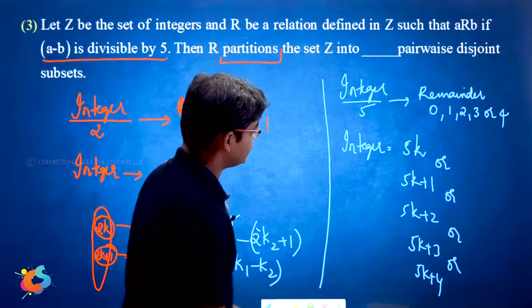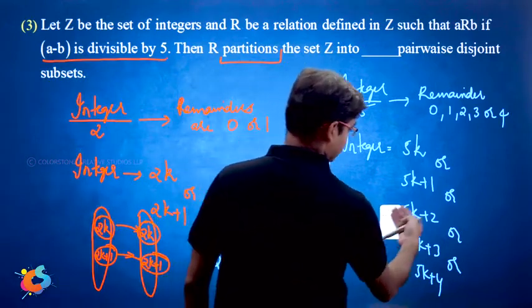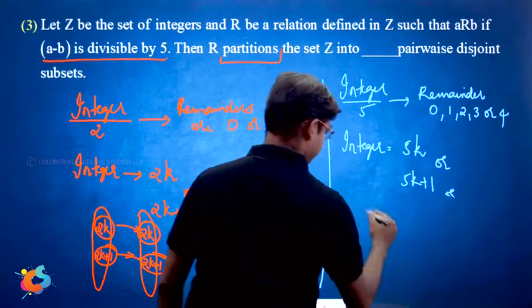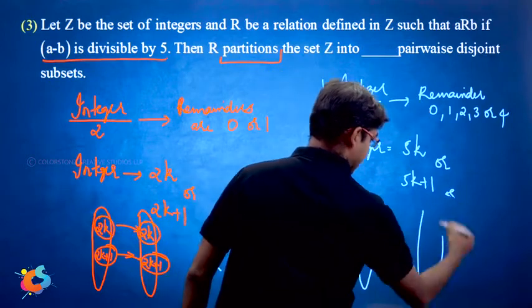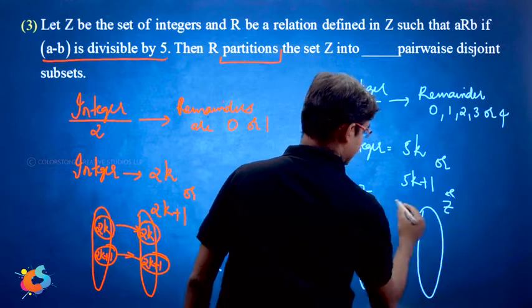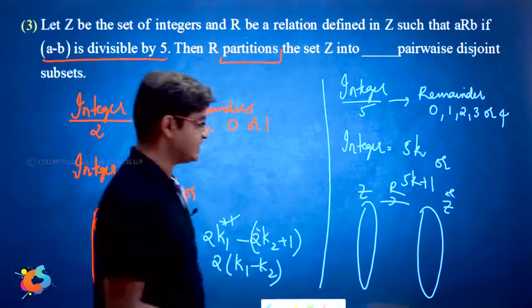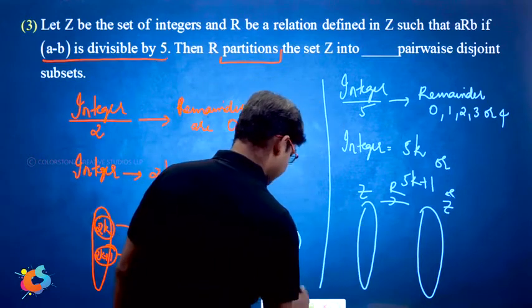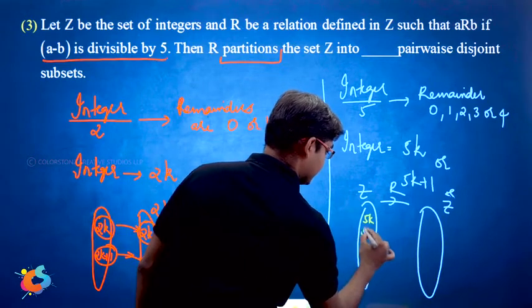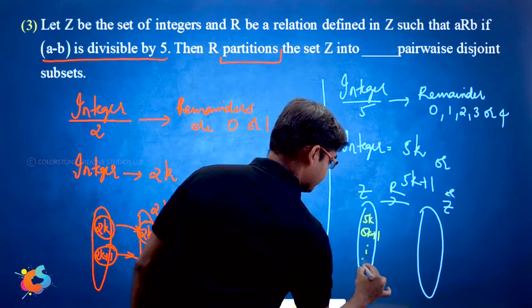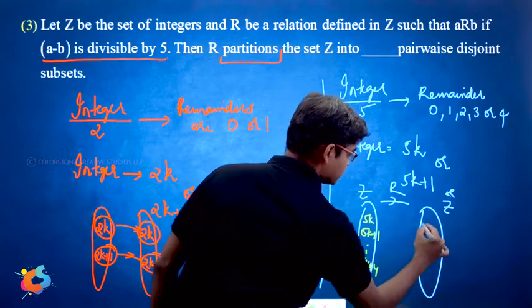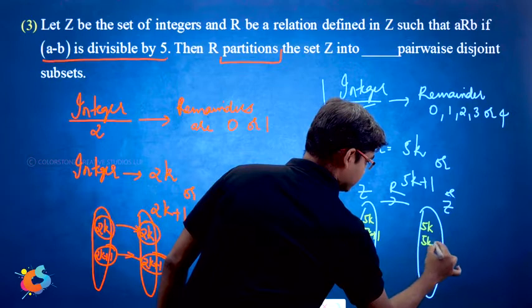If you take two sets, this is set Z and this is set Z, and we look at how the mapping works under relation R. Here we have 5k type numbers, 5k plus 1 type numbers, and so on up to 5k plus 4 type numbers.